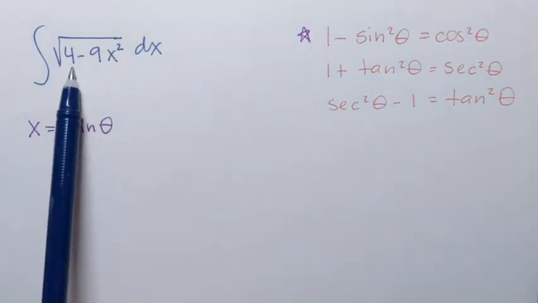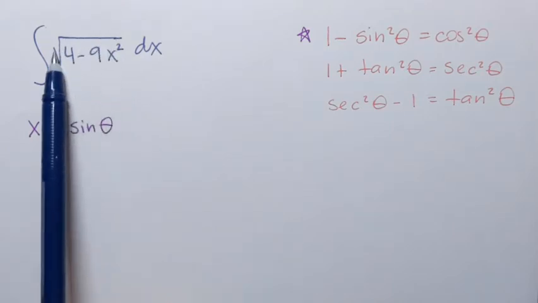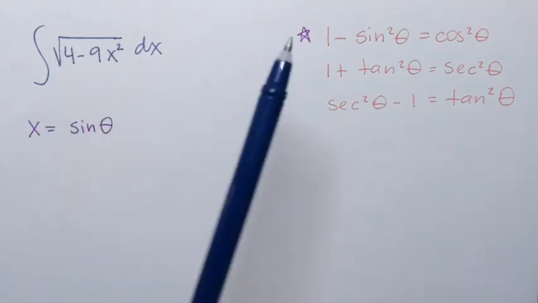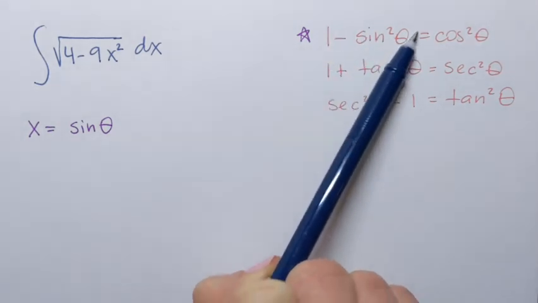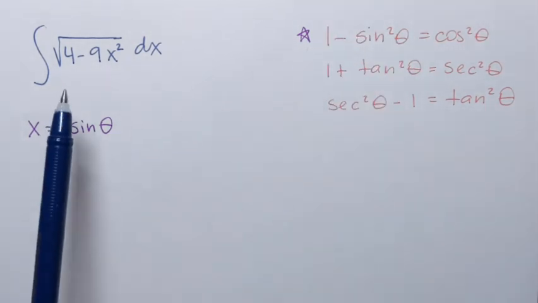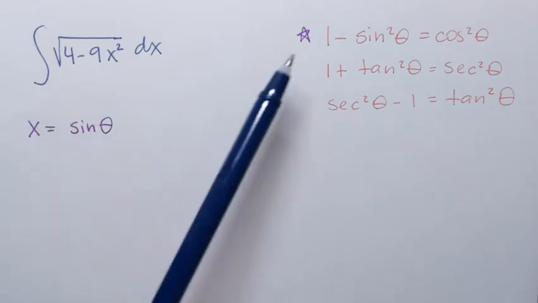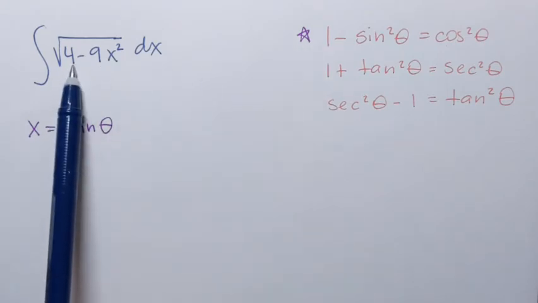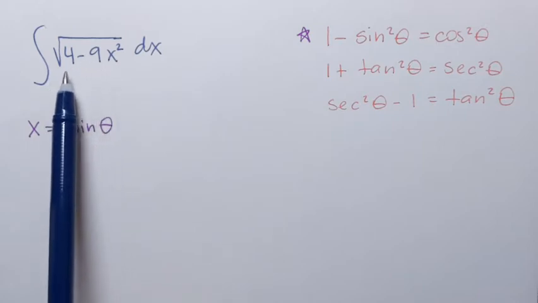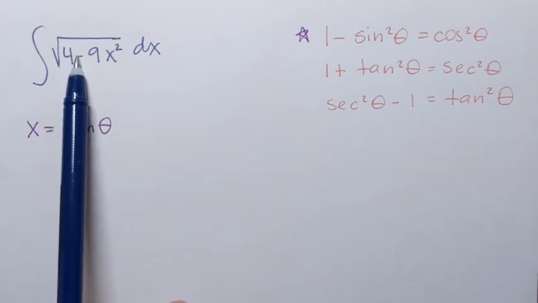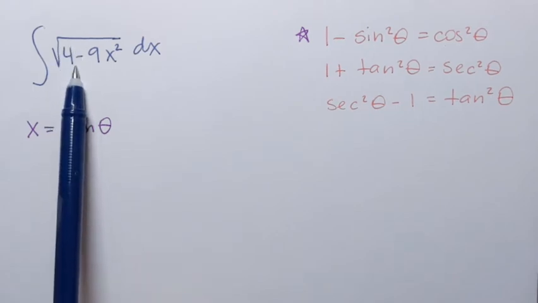While the overall structure, when I look at this expression from far away, resembles the left-hand side of the identity, as I look closer, I see that I don't have 1, and I also have this extra coefficient, so I have to deal with those constants.